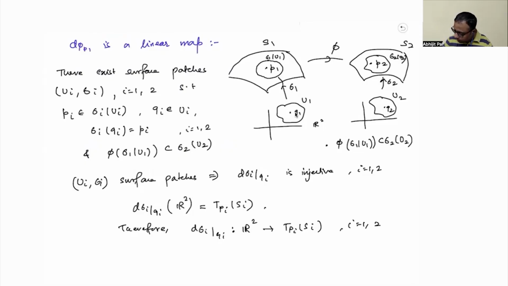So this is an isomorphism. Therefore the inverse of each of these differentials exists.